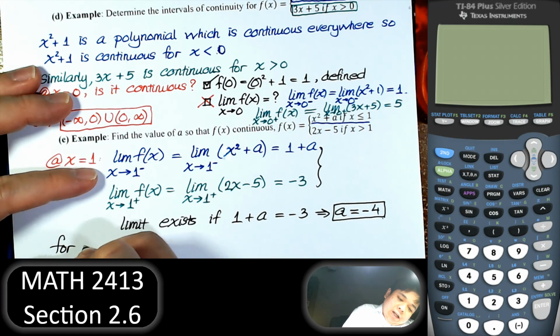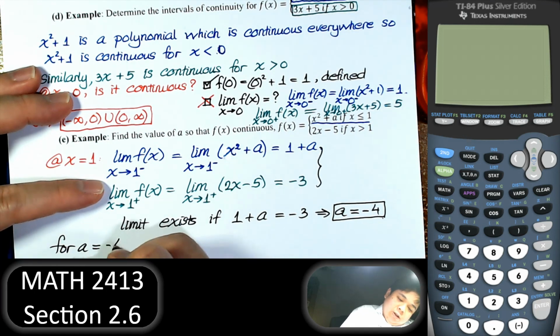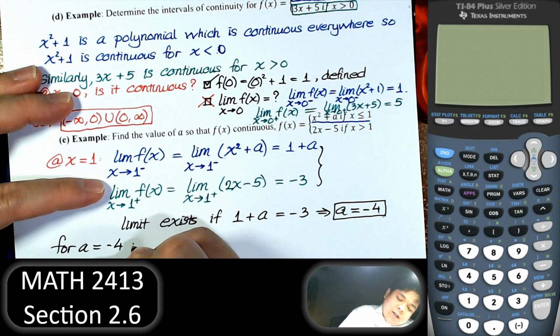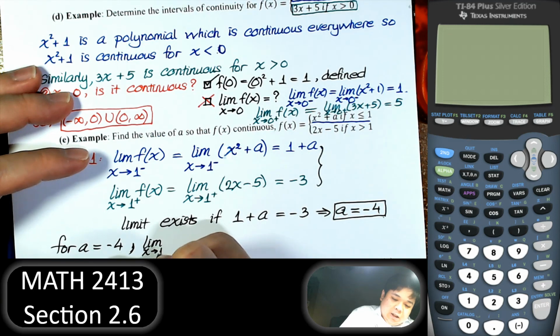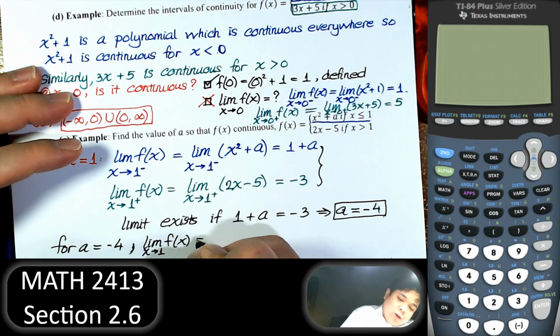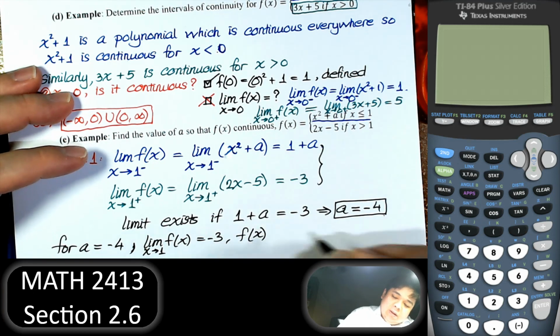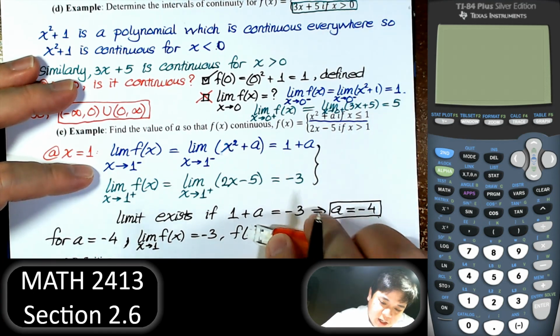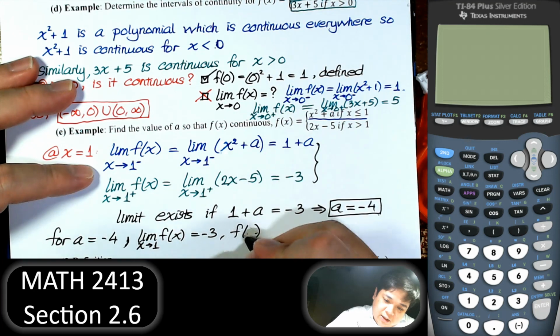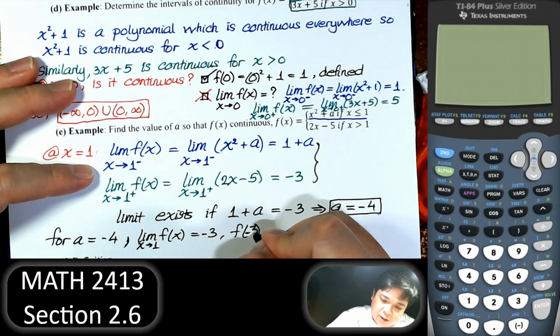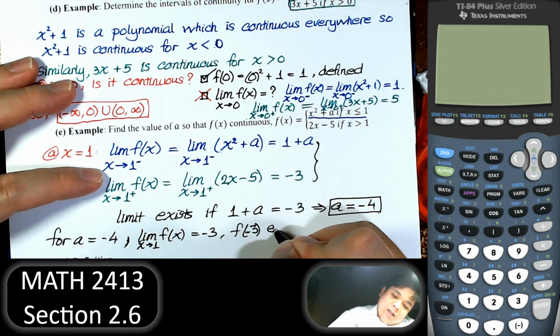For a equal to negative 4, the limit of the function is equal to negative 3. The value of the function at 1 also exists.